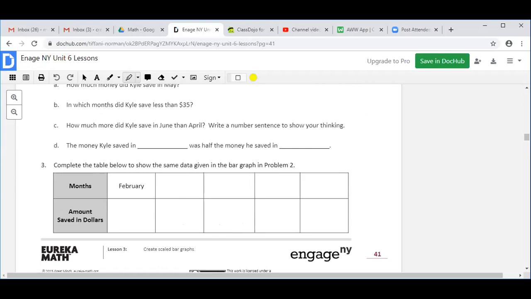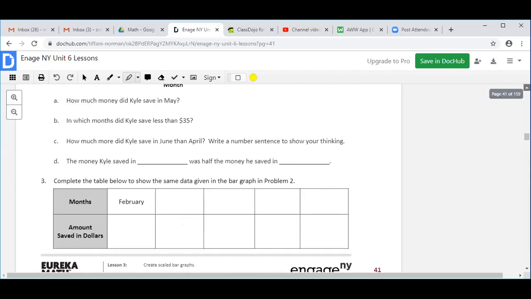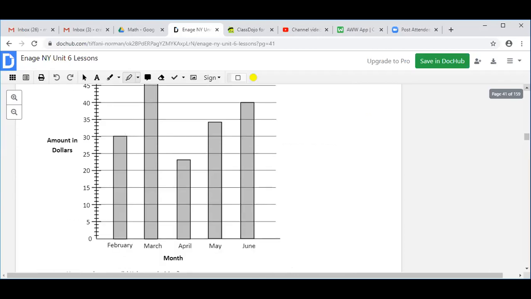Then for March, he earned $46, so you would write March and then $46. And then right here, April, he earned half of the amount that he earned in March, so it's $23. Then in May, he earned $34. And then in June, he earned $40.